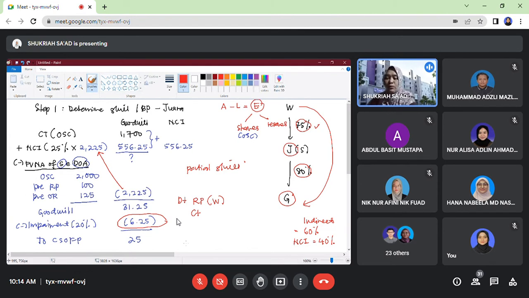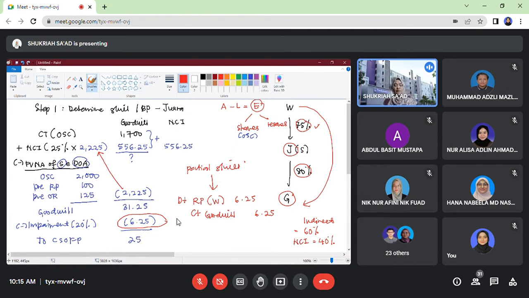Credit. Okay. Impairment akan mengurangkan apa kelas? Mengurangkan goodwill, because ini impairment on goodwill. So goodwill kita kan positif. Because of impairment, goodwill kita akan berkurangan. So credit goodwill, amount 6.25. So this is journal entry for impairment of goodwill, partial goodwill.